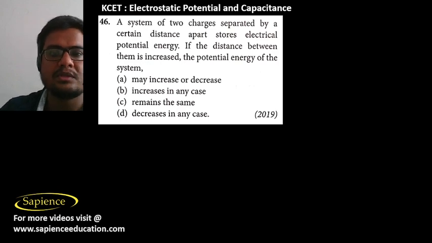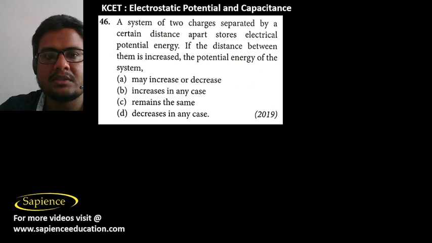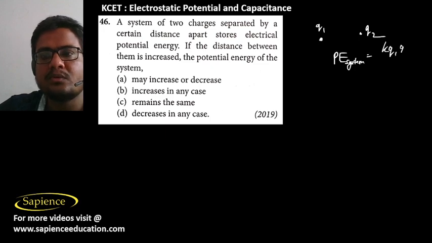Then in question number 46 it is told: a system of two charges separated by a certain distance apart stores electrical potential energy. If the distance between them is increased, what happens to the potential energy of the system? Initially the potential energy of the system is given as k q1 q2 by r.